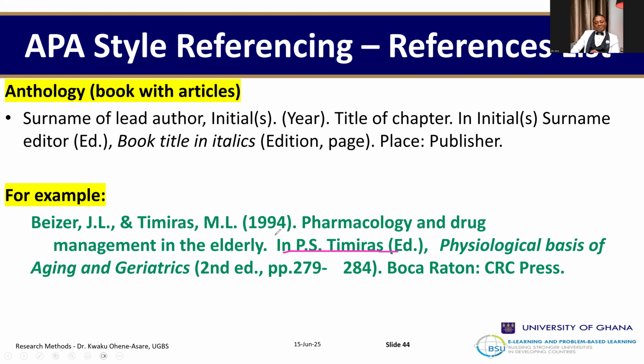This was published in this book, and then the book was edited by P.S. Timiras. The title of the book was that, the edition, and then the page in which this very article was located is there. Then you have the place and then the publisher. So we sometimes call it a book chapter or article in books. That is an example of that.